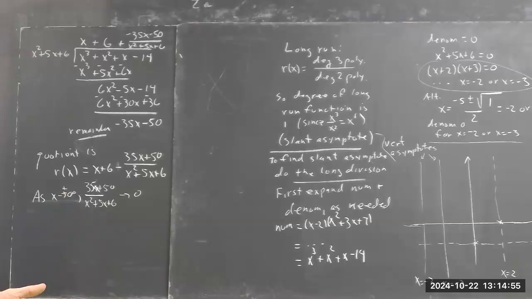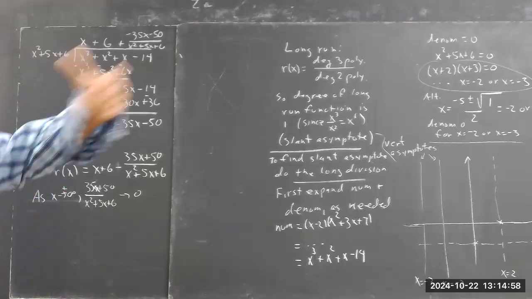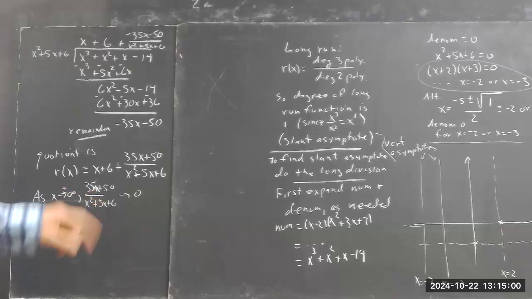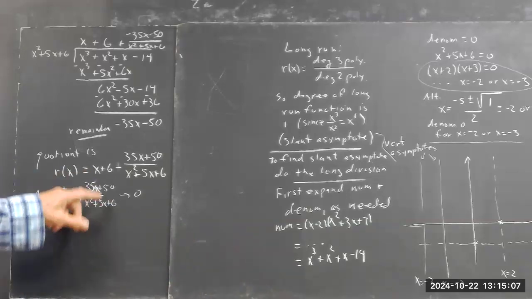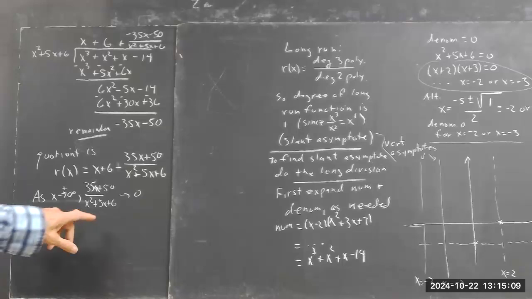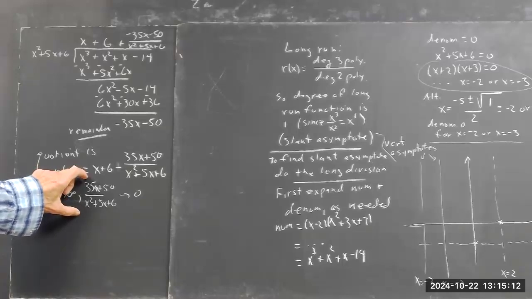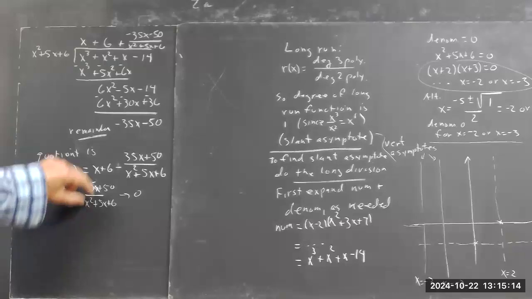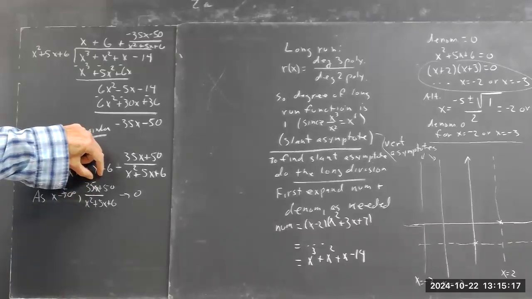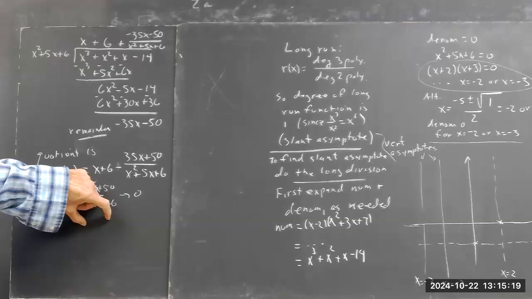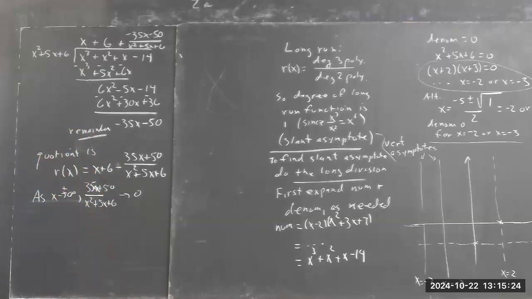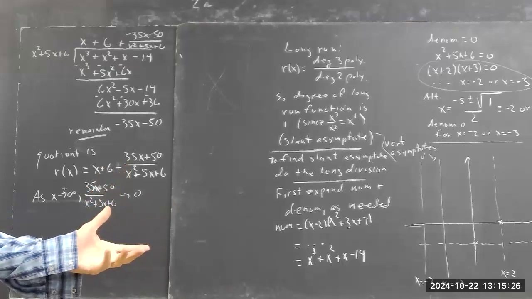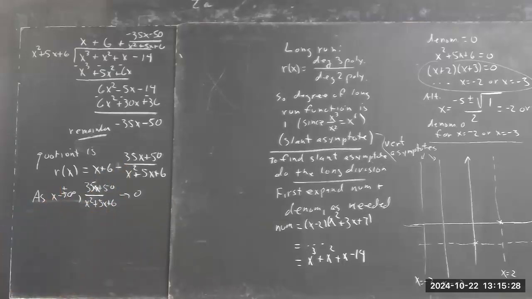If x is like a billion, x squared is going to be 1 followed by 18 zeros. X is only going to be 1 followed by 9 zeros. This number is going to be way bigger than this number, and the 5x and the 6 don't really have much effect here. You're going to have a huge number here, and this is going to be a pretty big number too. But this number is way, way bigger than this one. When you divide a number by a number that's way, way bigger, you're going to get something close to 0.